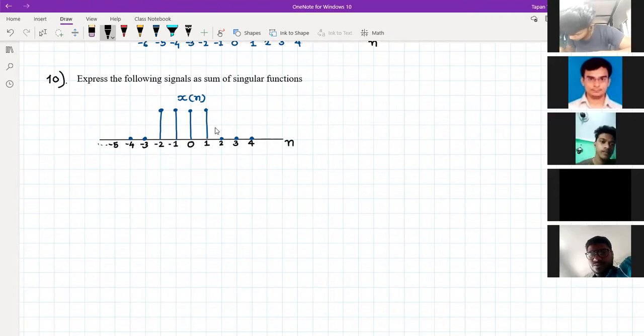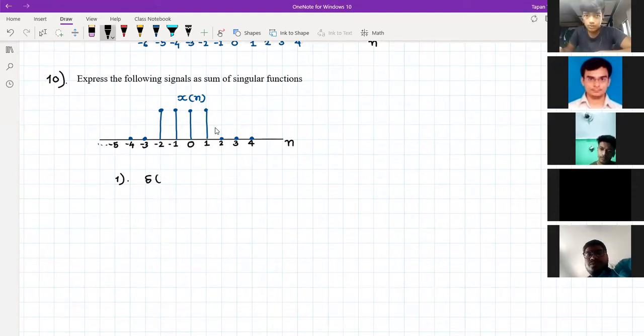Okay, now there are two ways to express this. One, you can consider a signal at -2 individually as delta of n plus 2.